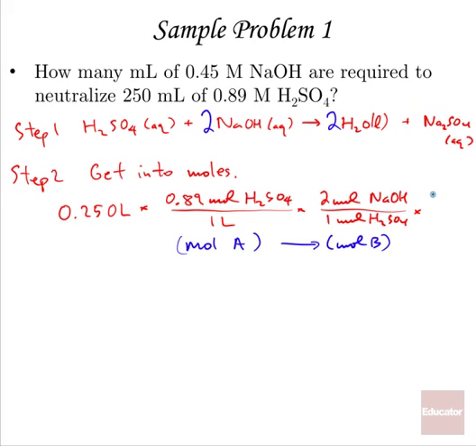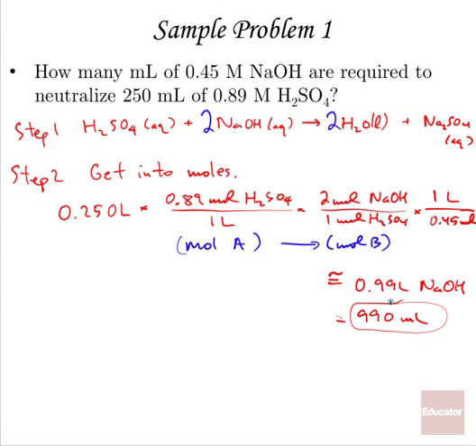Okay, so times 1 liter over 0.45 moles. That's going to give us an answer of 0.99 liters of the sodium hydroxide, which is going to be 990 milliliters required for neutralization to occur of the specified amount of sulfuric acid.